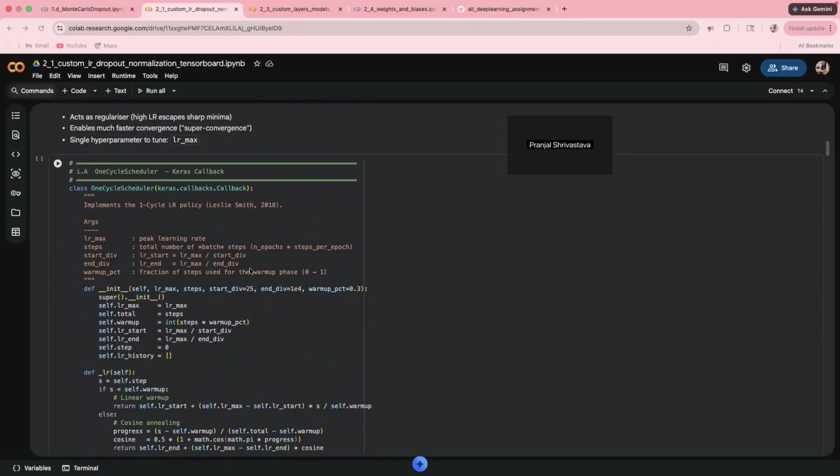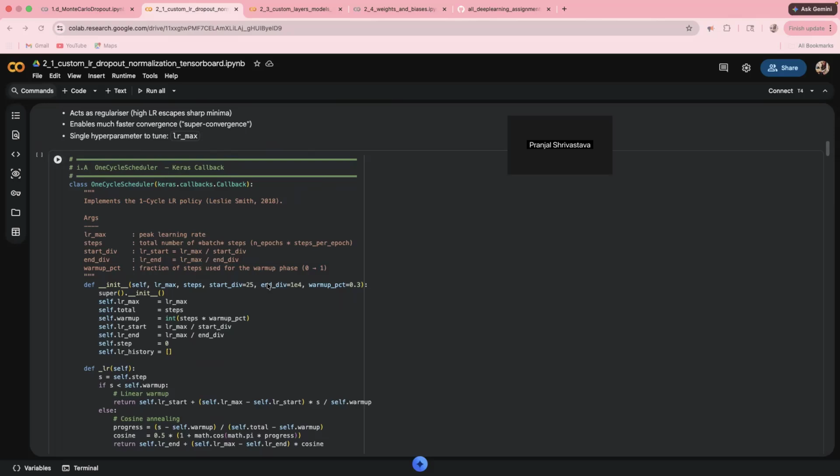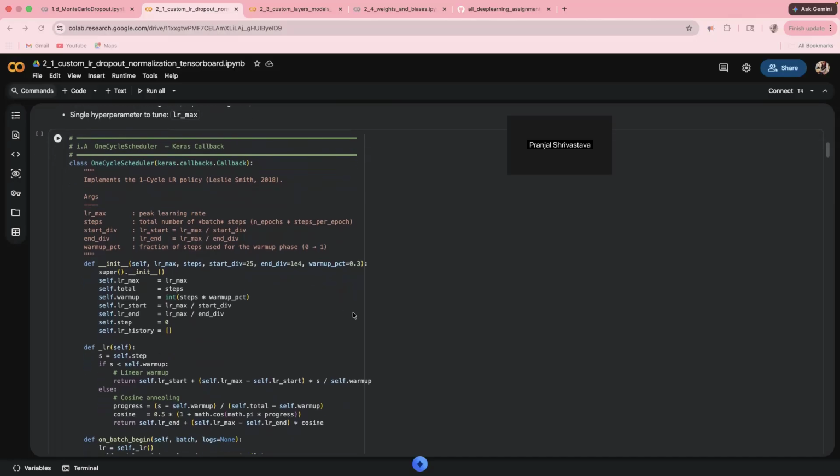In the second phase, it falls via a cosine curve back to an even smaller value. The intuition is that the high LR phase acts as a regularizer. It forces the optimizer to escape sharp minima and find flatter, more generalizable regions of the loss surface.